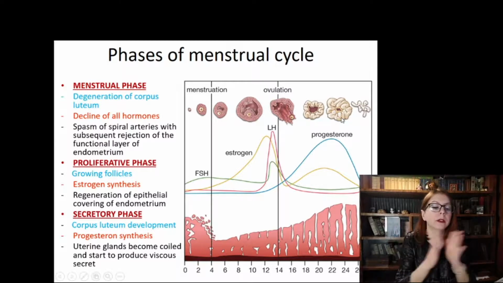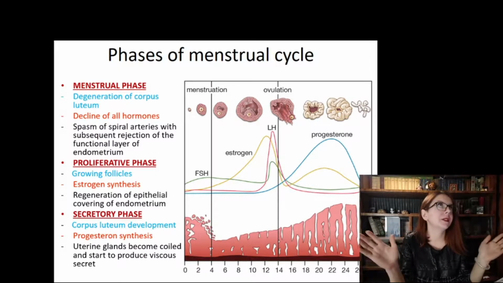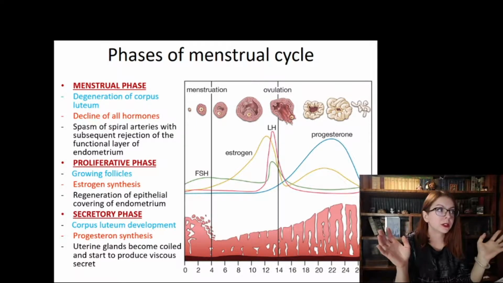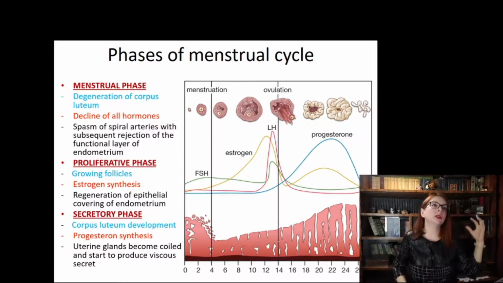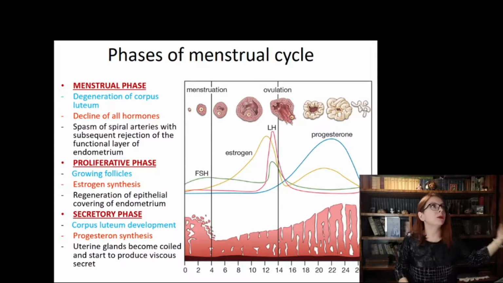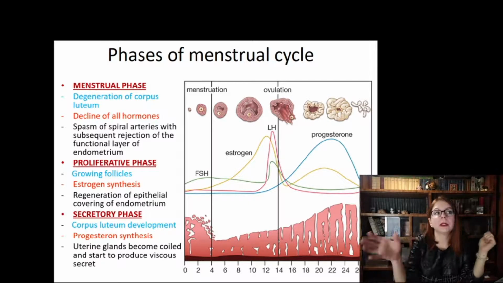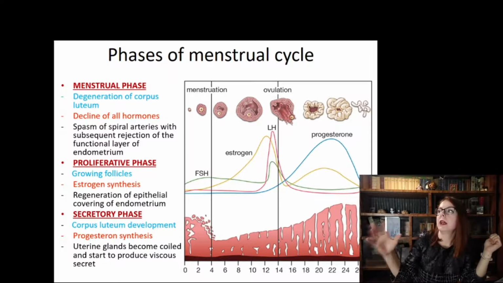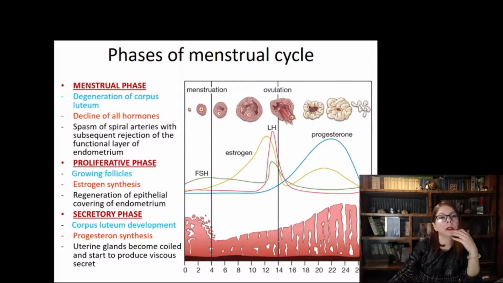And now there are two different variants. If pregnancy occurs, then implanted embryo starts to produce chorionic gonadotropin, and it helps to preserve the yellow body, and yellow body exists till the end of the pregnancy. But in case pregnancy doesn't occur, then there is no chorionic gonadotropin because there is no embryo implanted, and then yellow body degenerates within 10 days.